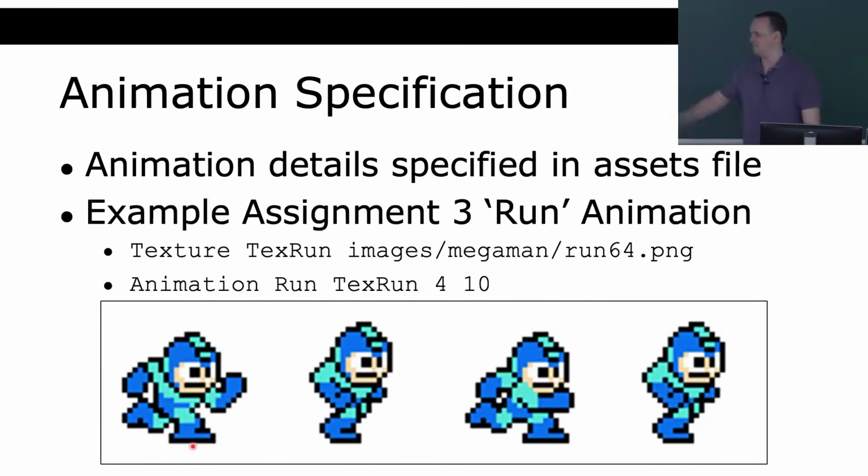And it turns out that Mega Man actually has 4 frames of animation for our assignment. So he's like running and then not, and then running and then not. Now, if you wanted to, there's all sorts of ways you could do this. So for example, there are only 3 unique frames of animation here, right?